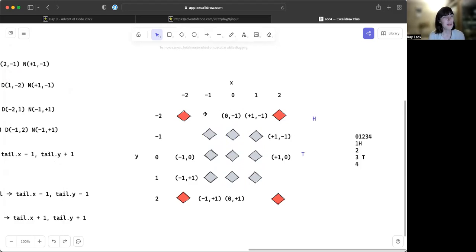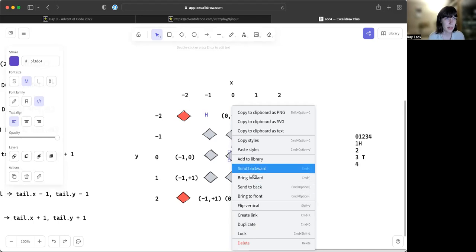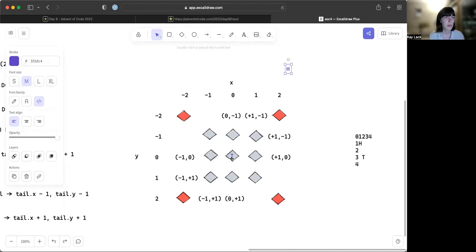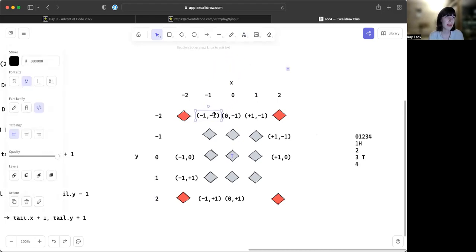And then if the head is here and the tail is here, we can leave this here. Or if the head's here and the tail's here, the tail's going to move -1, -1. Yeah. That's going to go there.